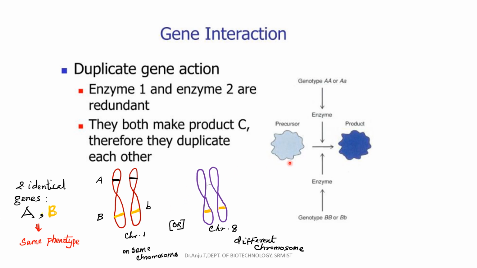When a pair of genes have identical function, doing the same or a similar function, that is called duplicate gene action.